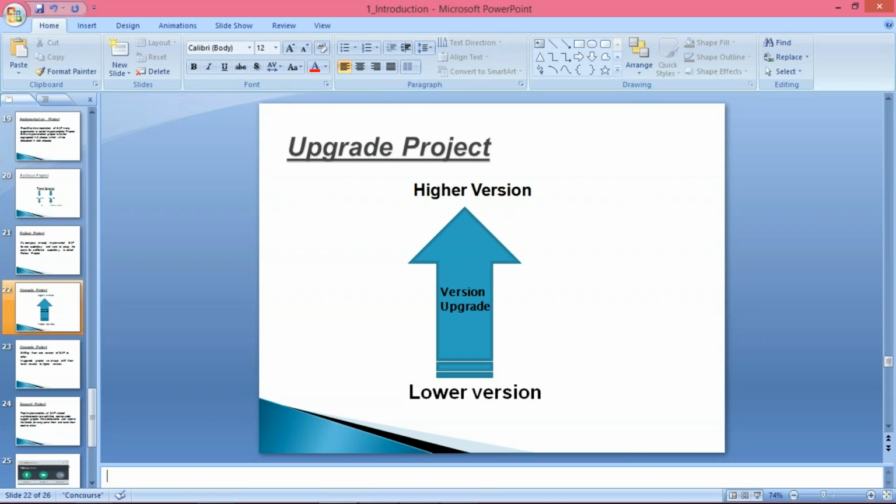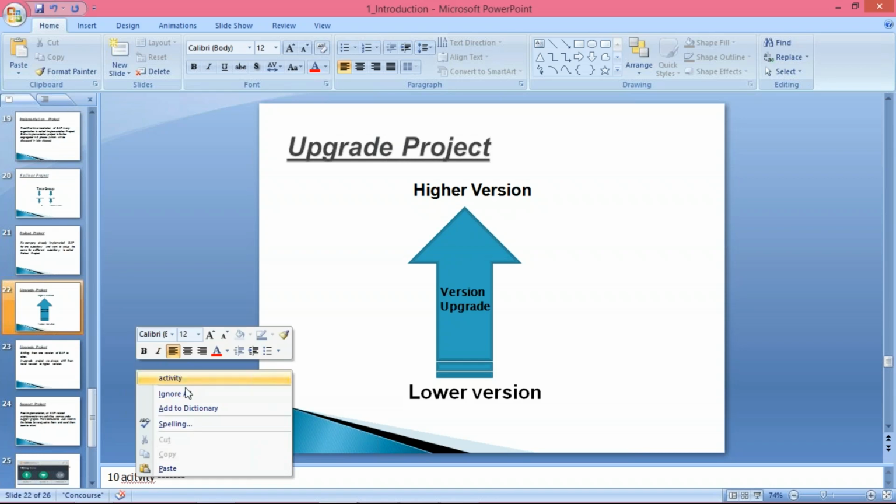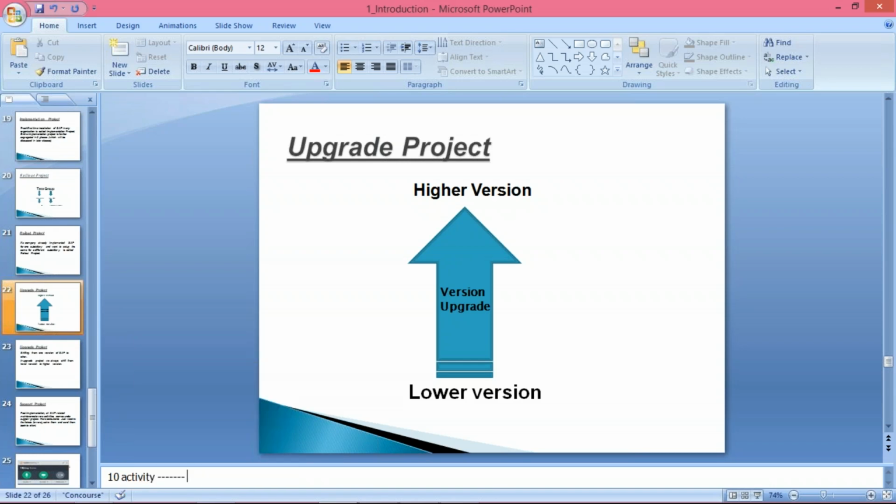Let's suppose in their previous version they are able to perform 10 different kinds of activity, and in the new version SAP says that five additional activities will be there. So five additional activities will be there.